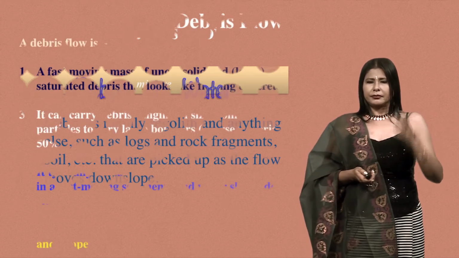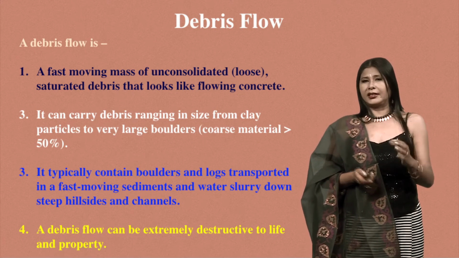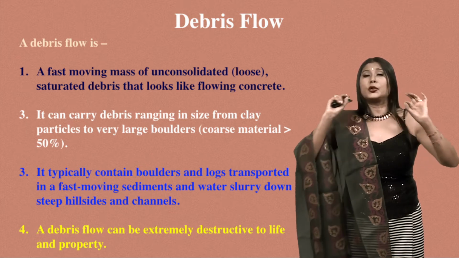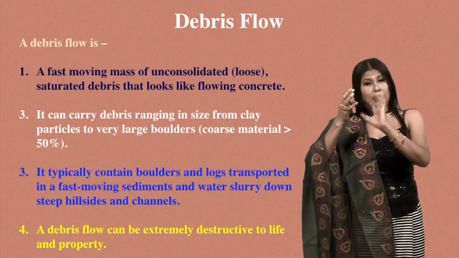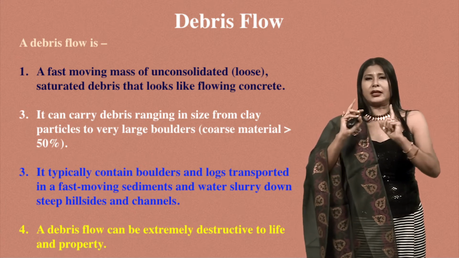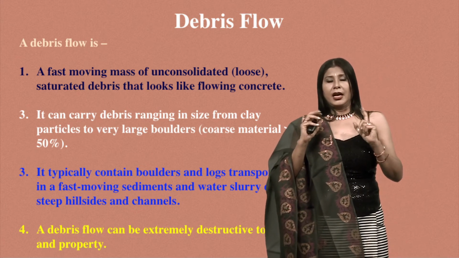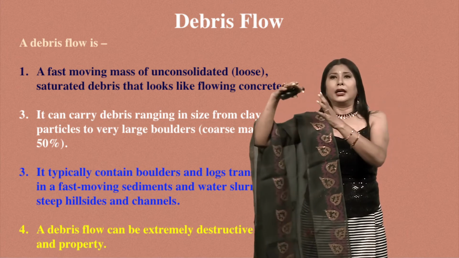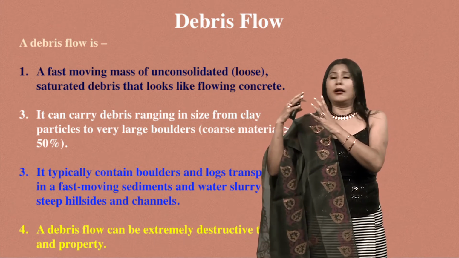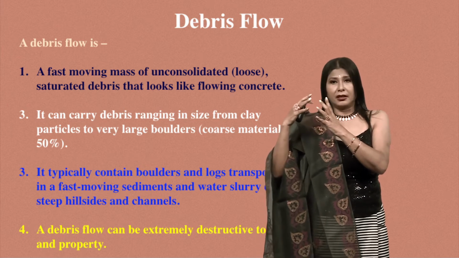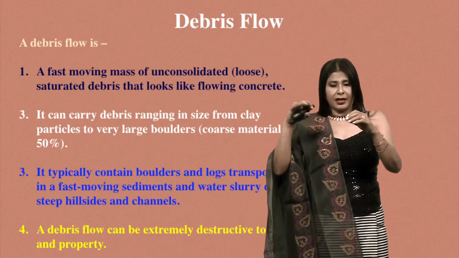and it is a very fast moving mass of unconsolidated material. So, this word unconsolidated is very important in geomorphology. We are talking about loose material, saturated debris that looks like flowing concrete. Where construction is there, we are all familiar with the slab process.